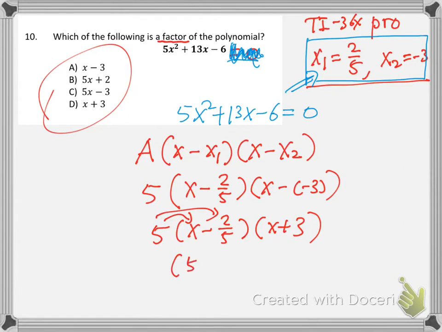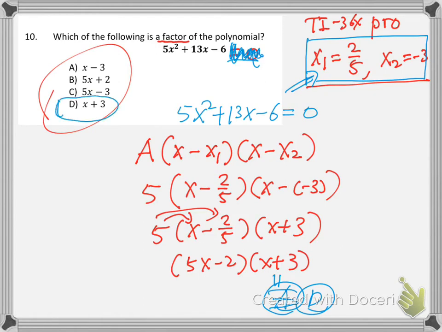So we got (5x minus 2)(x plus 3). So which one is the answer? This one is our choice A, and choice D, sorry, choice D. What about 5x minus 2? 5x minus 2 is not in the answer. So the answer for this question is D.